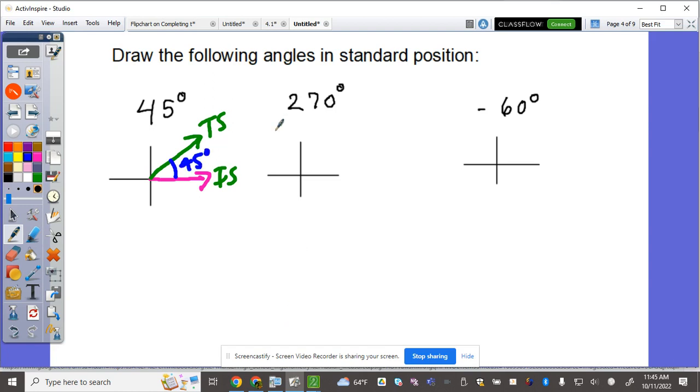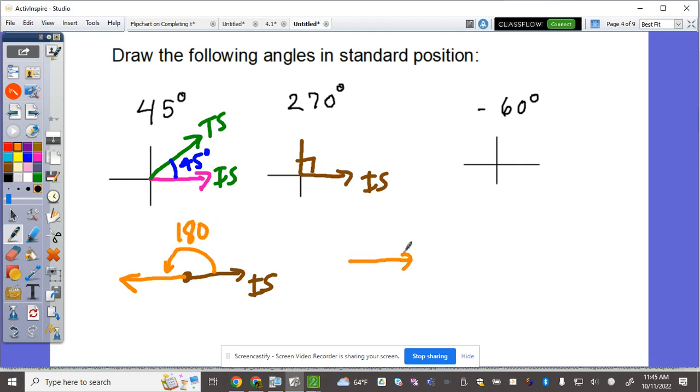Okay. Now, if you have 270, let's go back again here. So this is my initial side, IS. If it falls here, it's going to be 90, right? If this is my initial side, and this is my vertex, and my terminal side goes here, that's a complete straight line or a straight angle, 180 degrees. And if this is my initial side and it goes down here, it rotates counterclockwise, more than 180.